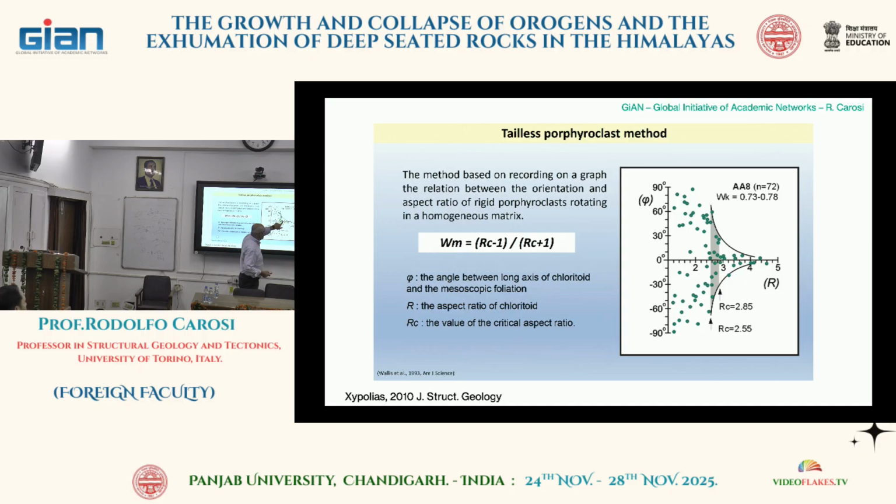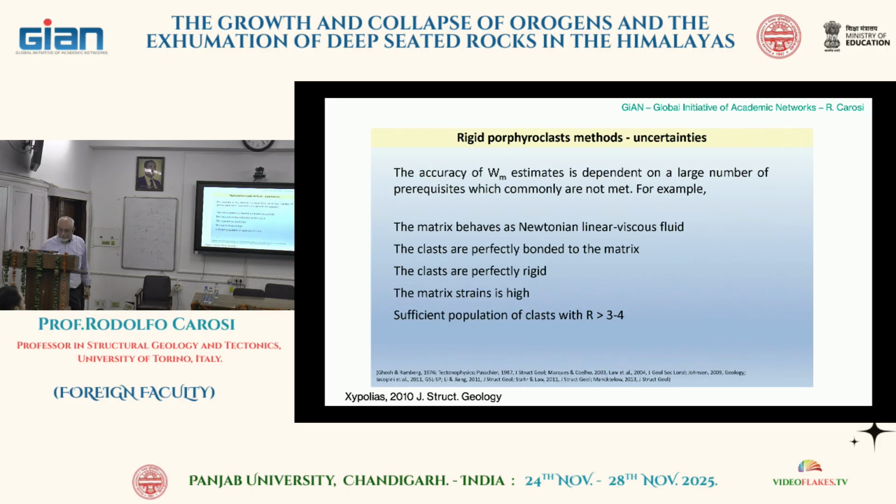But here you need a large number of clasts, not only one or two, because otherwise there would be a very big error. So you should have a rounded cluster and an elongated cluster with axial ratio 3, 4, 5. So you have two well-defined populations that you can separate by the cutoff line in the graph.